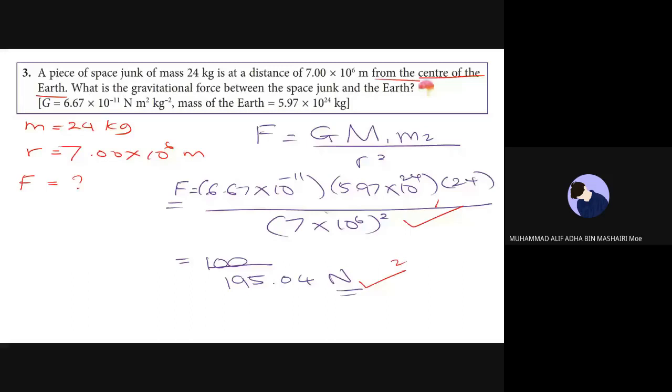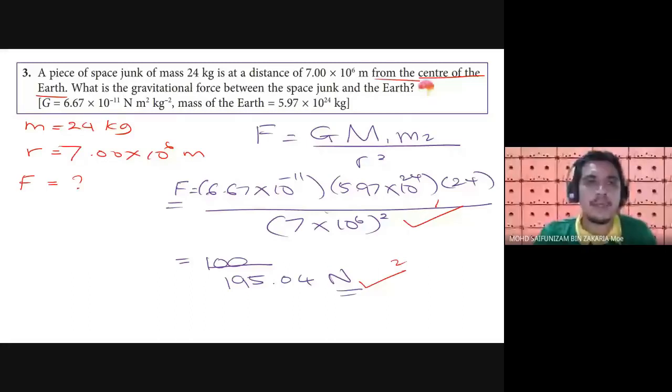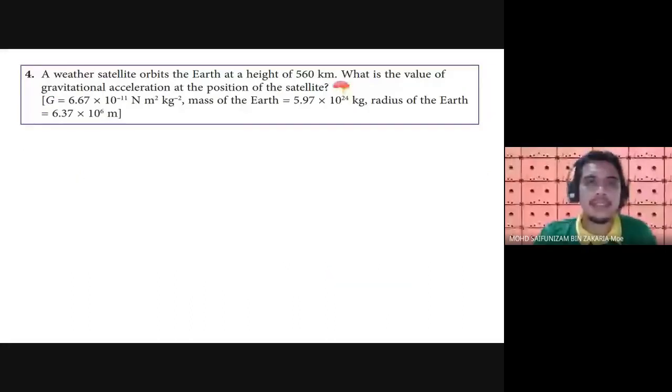Question number 4. A satellite orbits the Earth at a height of 560 kilometers. This is referred to as h, h equal to 560 kilometer.